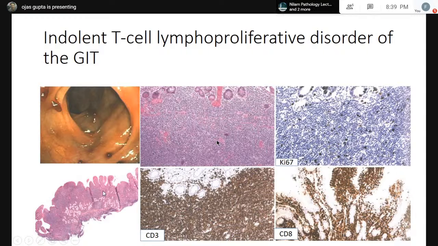However, glands are largely intact and there is no destruction of the glands. In the ileum, the lamina propria is diffusely infiltrated by these small lymphoid cells. We have seen that the proliferation rate, that is the Ki67 index, is very low. These lymphocytes are positive for CD3 as well as CD8 with intact glands.